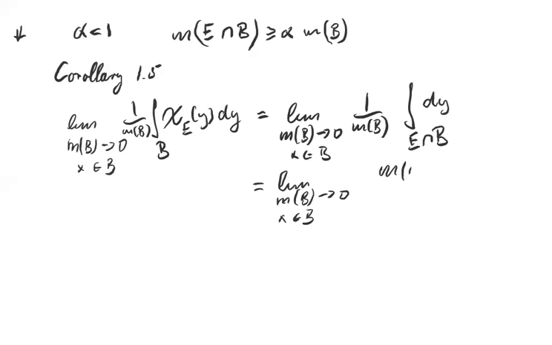Measure of E intersected B over the measure of B. And by the definition and theorem 1.4, this is equal to f of x for almost all x.